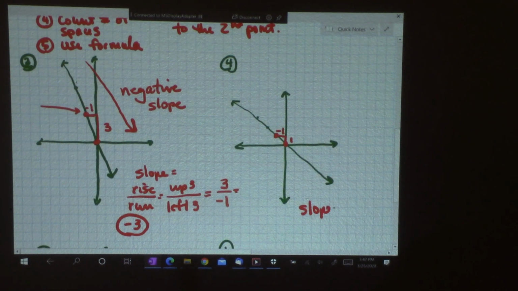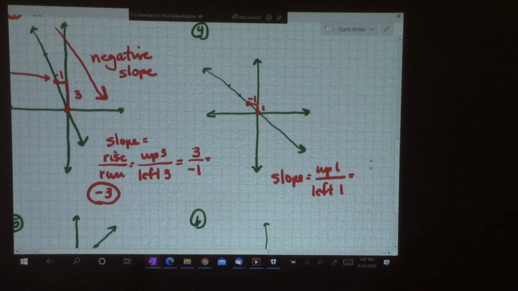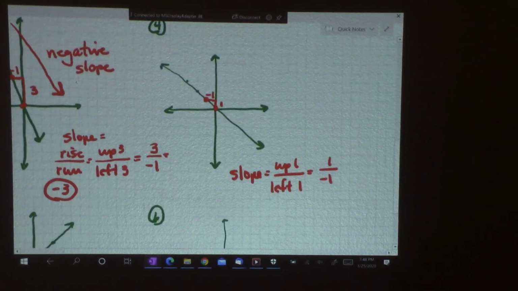So my slope is going to be up 1 over left 1. So if I go up 1, that's positive. If I go left 1, it's negative 1. And when I reduce that, I get negative 1 for a slope.